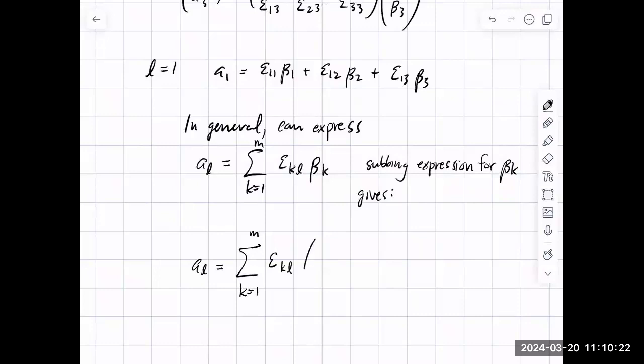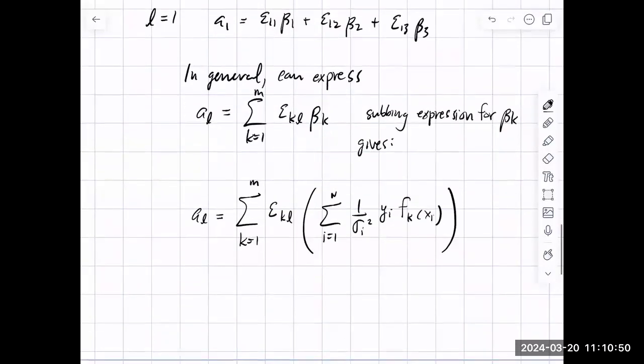And now what's inside these brackets is going to be our beta k. So it's the sum from i equals 1 to n of 1 over sigma i squared times yi times fk of xi. Okay, and so there's the y dependence. All right.